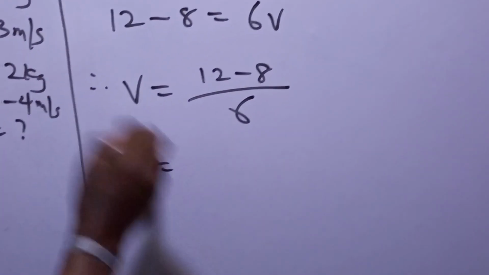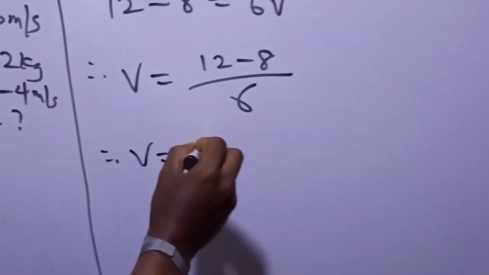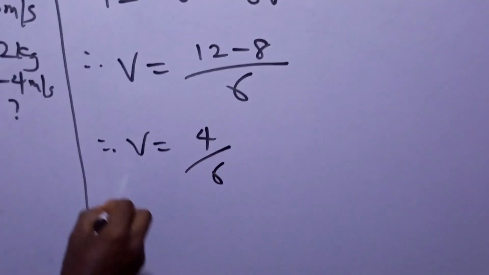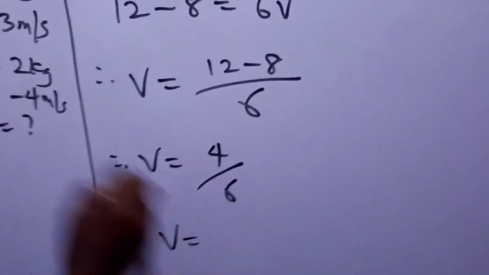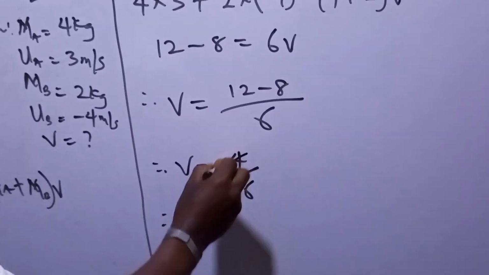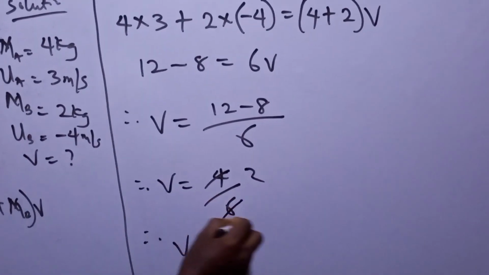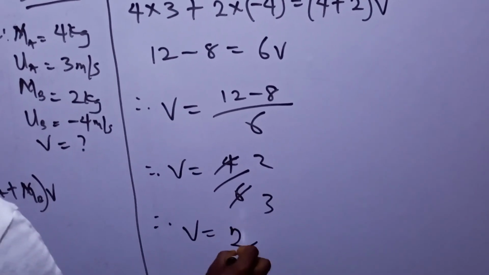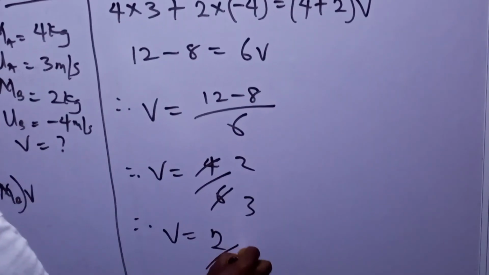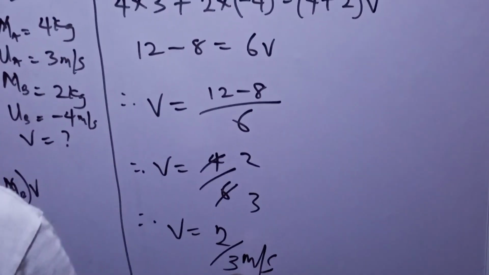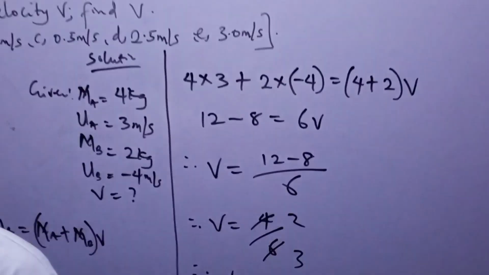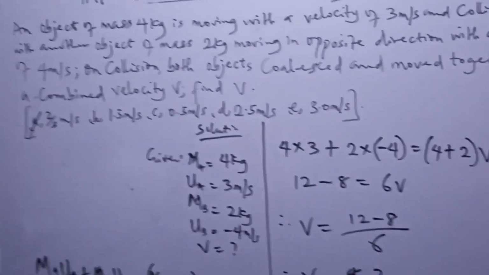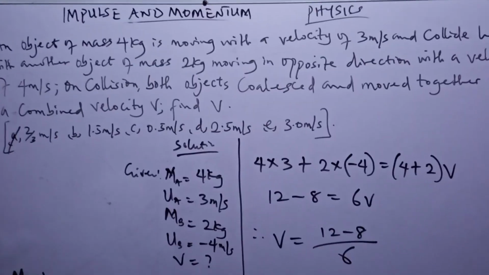V equals 12 minus 8, which is 4, divided by 6. Therefore, V equals 2 over 3, dividing both by 2. Therefore, final velocity will be 2/3 meter per second. Simple as this. Therefore, from the options, I think A is the right option.